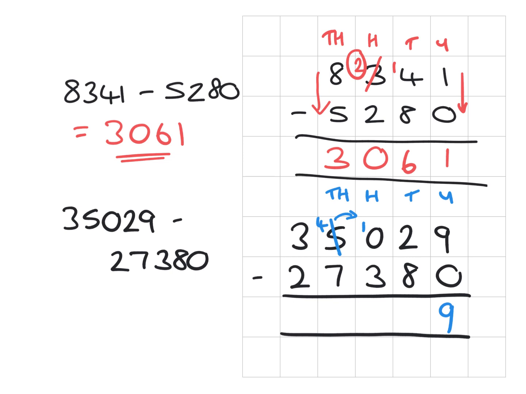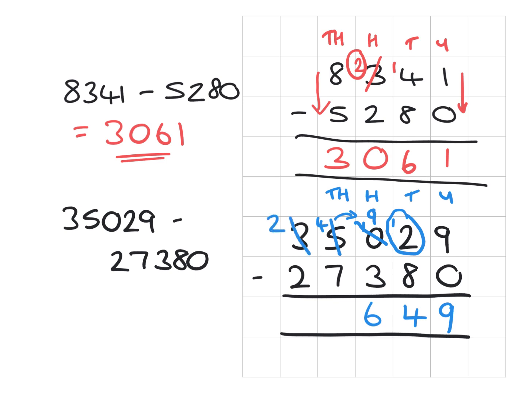So now, going back to our original calculation, 2 tens take away 8 tens we can't do, but we can now borrow from the 100s. So we now have 9 hundreds left over, bringing 100 over into the tens. So our 12 tens take away 8 tens, leaves us with 4 tens. 900 take away 300 gives us 600. 4,000 take away 7,000, we can't do it, so we need to borrow again.